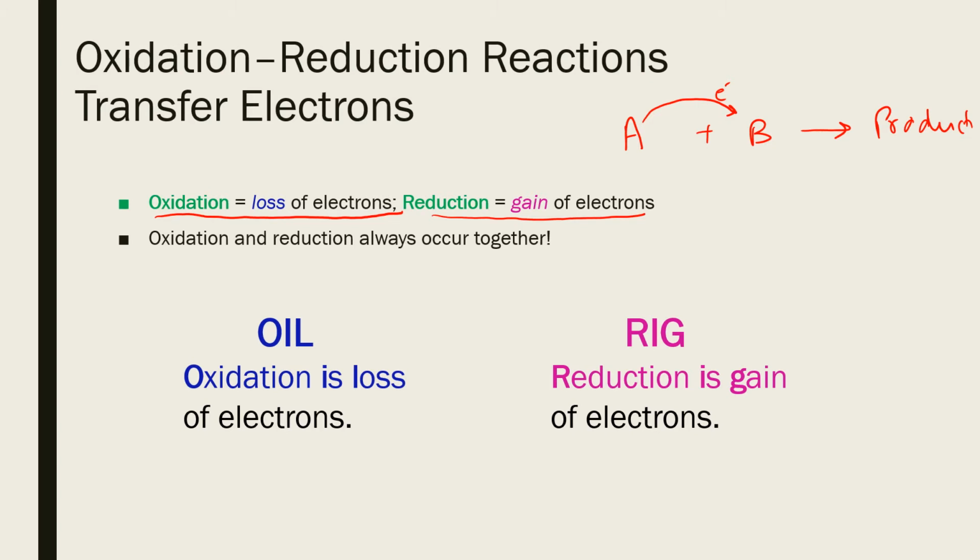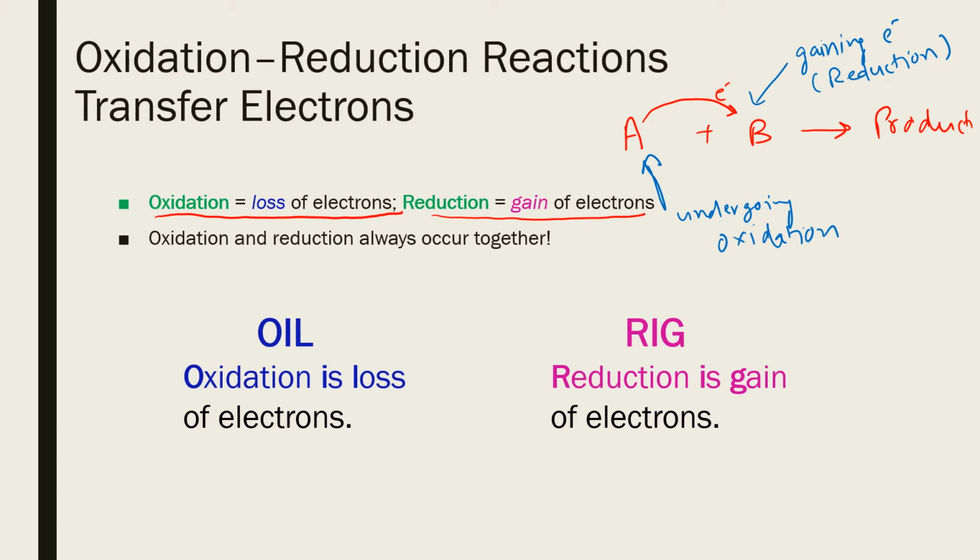So for example, in this hypothetical case where A is losing electrons, we can say that A is undergoing the oxidation process. Similarly, B is gaining, therefore B is undergoing the reduction reaction or reduction process.